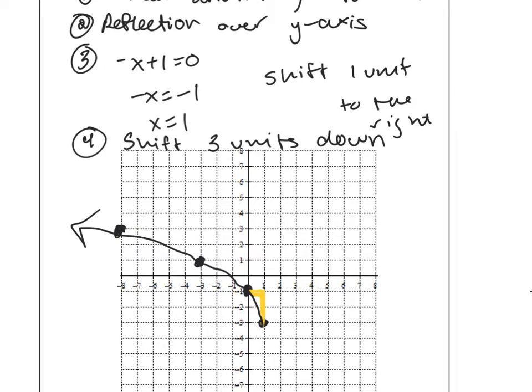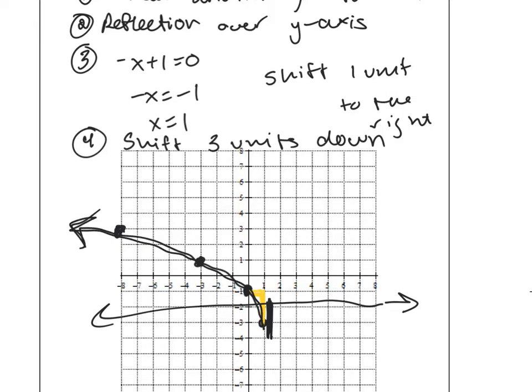All right. So now let's talk about domain and range. Domain is the x values, and range is the y values. So for the domain, we want to look at our graph from here to here. Our graph starts when x is negative 1, and it goes until negative infinity.